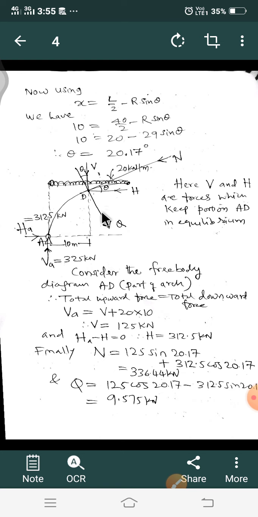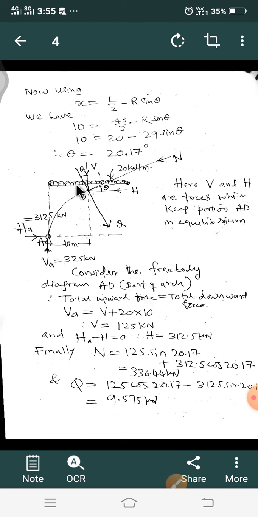In this free body diagram, total upward force must be equal to total downward force. Upward force is VA, one upward force. Then for equilibrium I have placed one V force here. This force is downwards, and the part of the UDL for this much length, which is 10 meter, is also acting downwards.